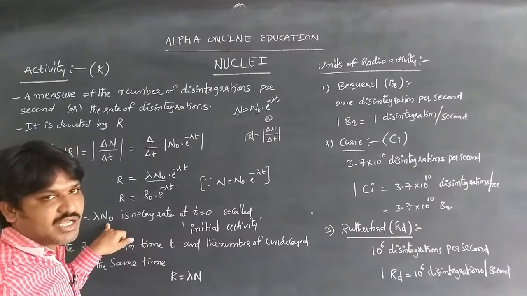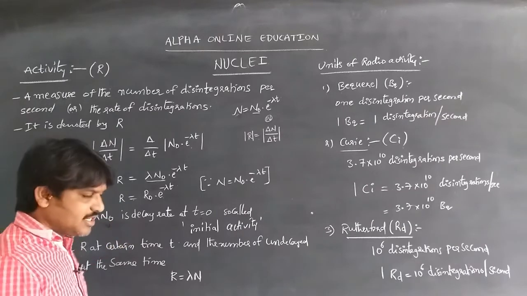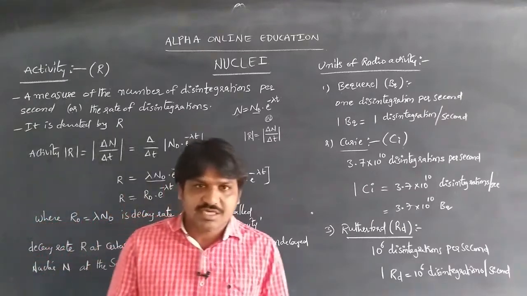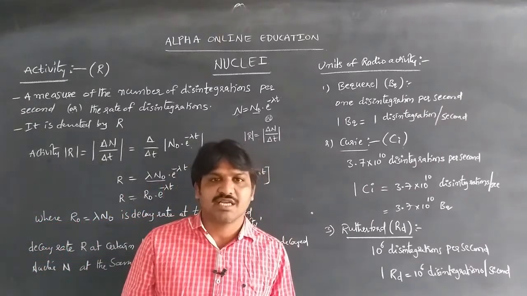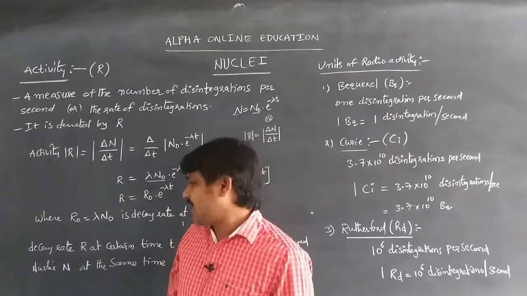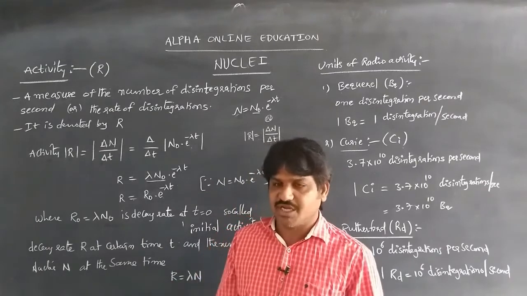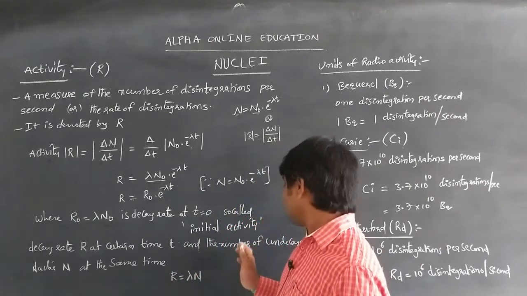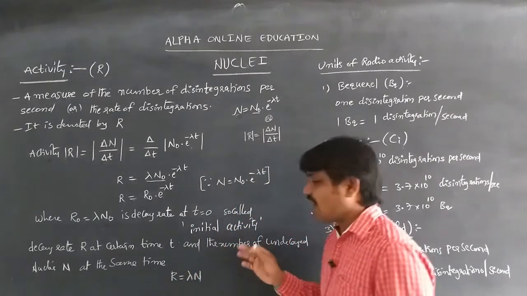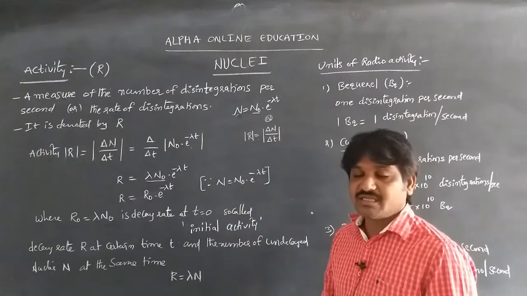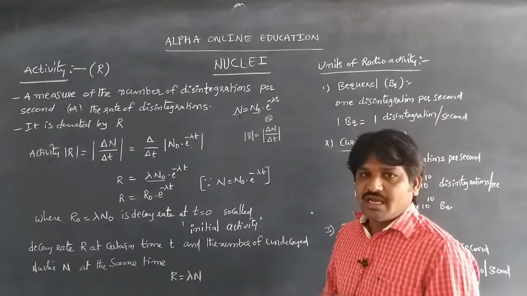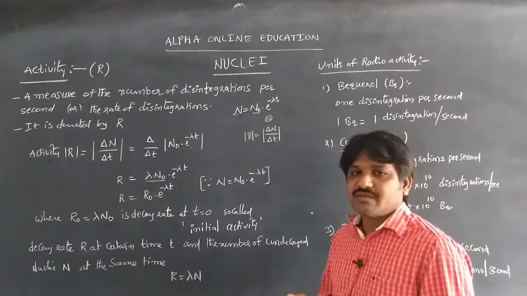Whenever the nuclei are disintegrating, the activity or decay rate is R, and at a certain time t, the number of undecayed nuclei, after some time, some of them will have decayed.